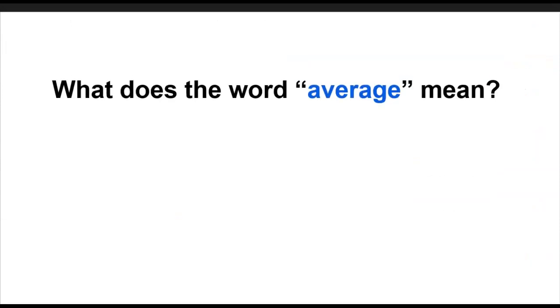So first, what does the word average mean in general? When we use the word average, when we're just talking to our friends, what do we mean when we say something is average? Well, we might mean it's typical or common. We might think of it as middle of the road.